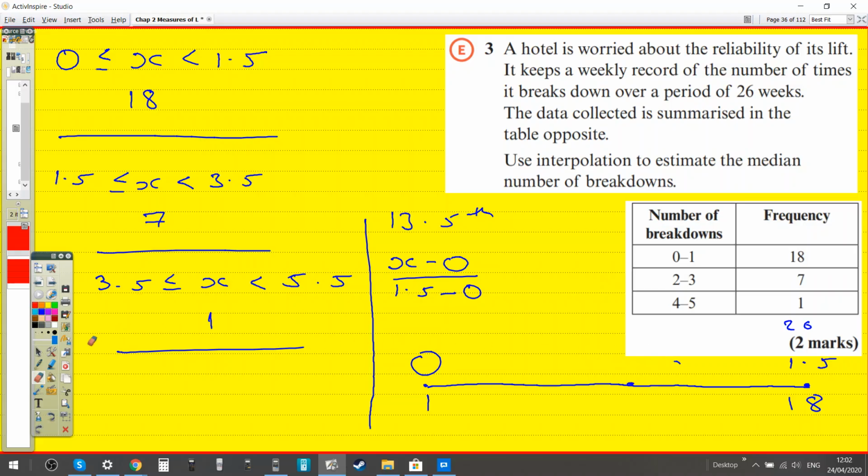Equals X. And was it the 13th person was the median? Is it not 13.5? Not sure. 13.5. Number of breakdowns is discrete data. So I think it would just be 13. Yeah, yeah.